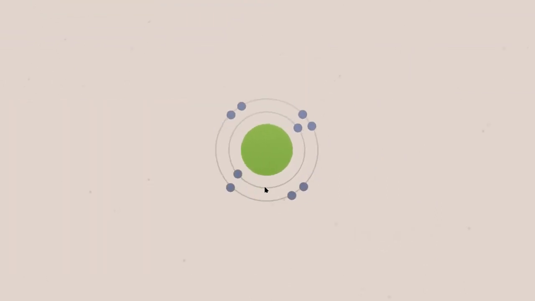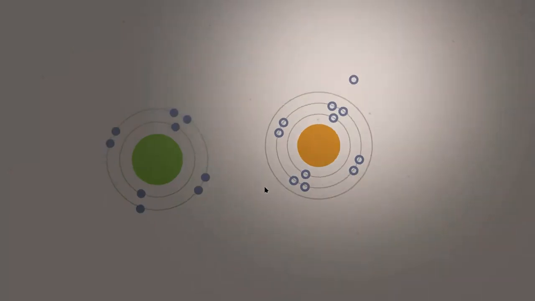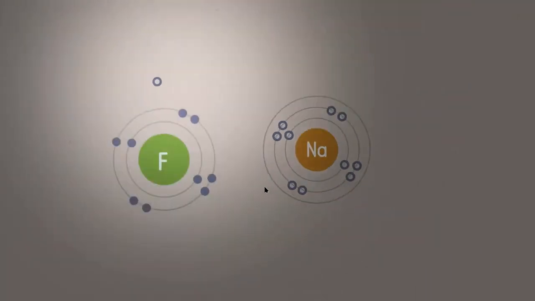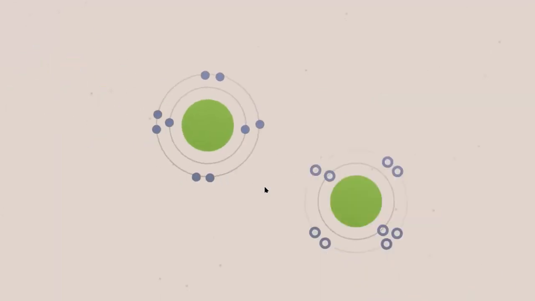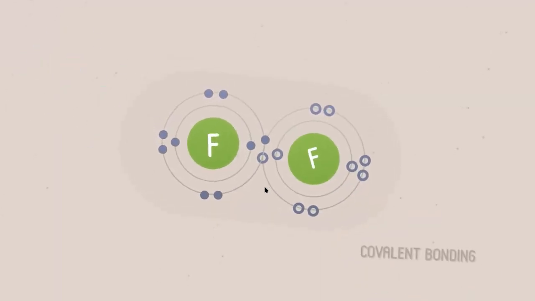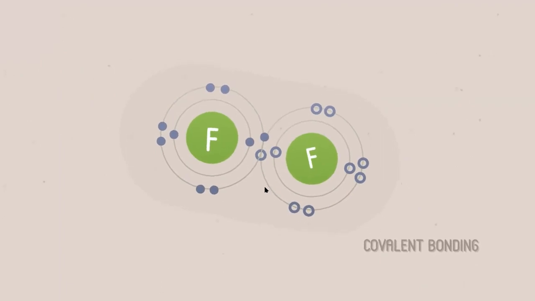Atoms bond by swapping or sharing electrons in their outer shells. When very different atoms react, like metals and nonmetals, they normally swap electrons. This is ionic bonding. But when similar atoms react, like nonmetals combining with other nonmetals, they share electrons. This is covalent bonding.